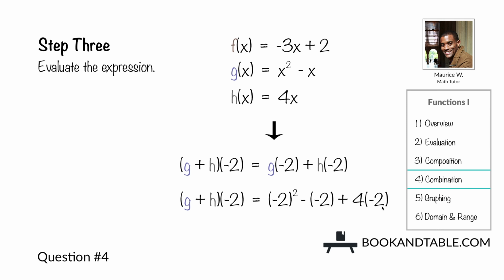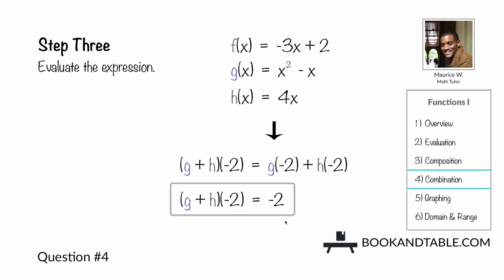And now we can evaluate the expression, which would be negative 2 squared, which is 4, minus negative 2 is plus 2, plus 4 times negative 2 would be negative 8. 4 plus 2 is 6. 6 minus 8 is negative 2. So the answer to question number 4 is g plus h of negative 2 is equal to negative 2.